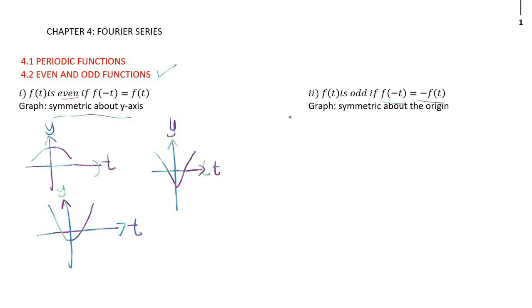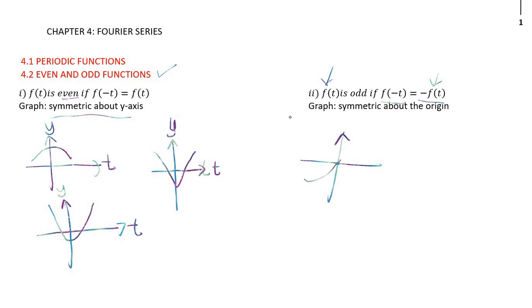Here f(t) is the original function, but we have a negative sign in front. Using a graph, it will show symmetry about the origin, meaning that it touches (0, 0).